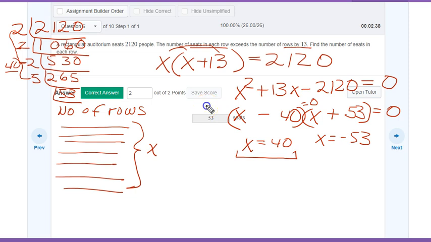Now, if you were to put 40 here, of course, that's wrong, because we said 40 was the number of rows. That's where you need to understand what they're asking and answer the question that they're asking. So 40 plus 13 is 53. That's the number of seats. And that was correct.